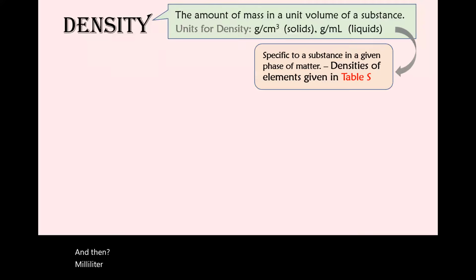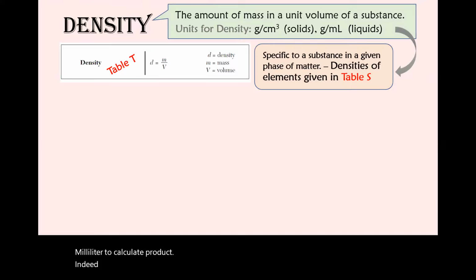We are given the equation to calculate the density of any substance in Table T. And remember that the density of any substance is very specific to that substance. So we can use the density to identify a substance.